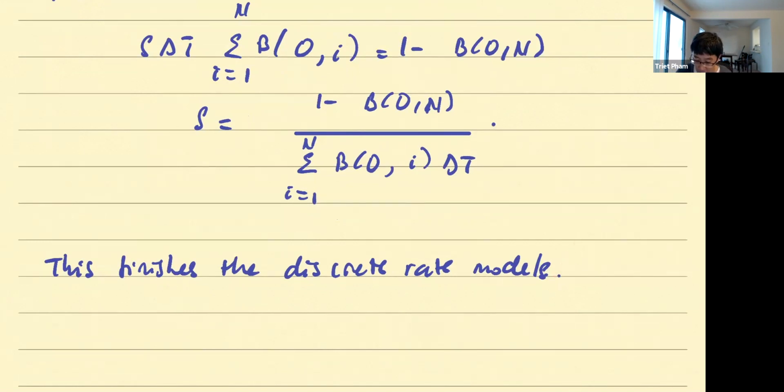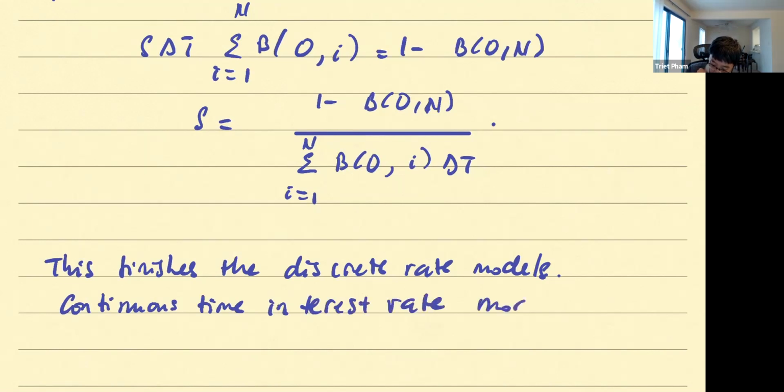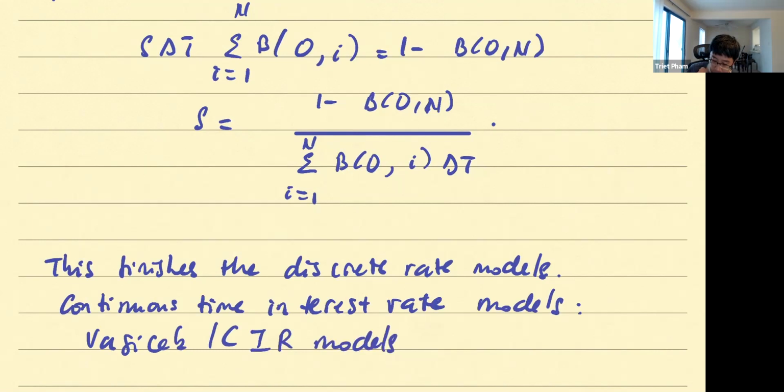I'll talk about the final exam real quick, but let me just tell you, if we have time, what we would cover in this class for the continuous interest rate model. For the continuous interest rate model, we don't really do much anyway, because the math there is quite involved. But at least we'll do two things. We talk about Vasicek and CIR, which we discussed briefly before, and they're quite important models.